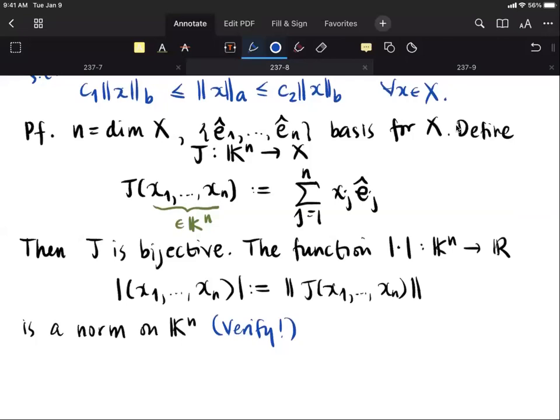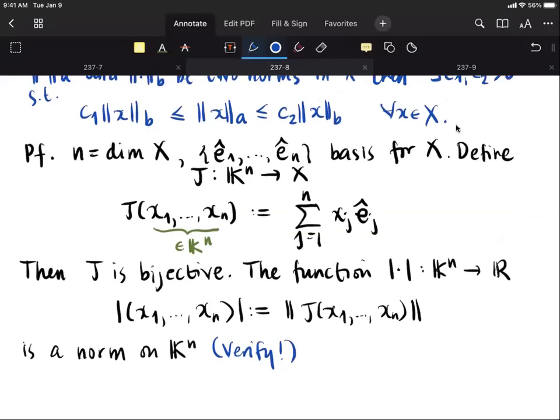It follows from the fact that your mapping J is linear, that you have a norm in X, and that J is bijective and linear. From those properties, you can indeed verify that this is a norm on K^n.